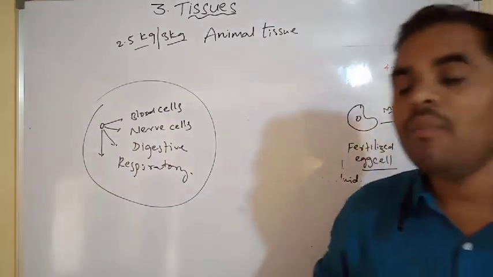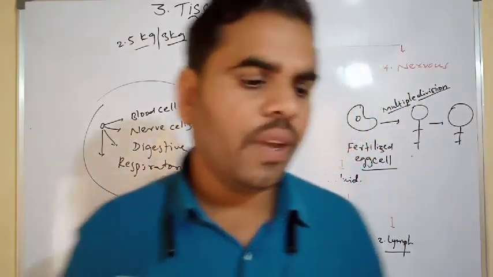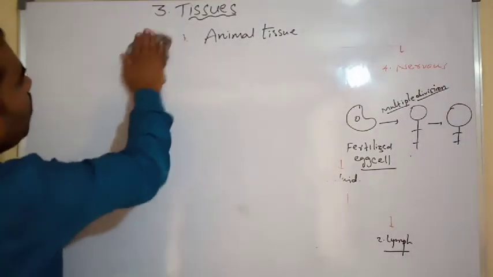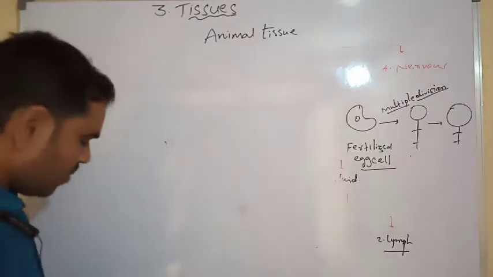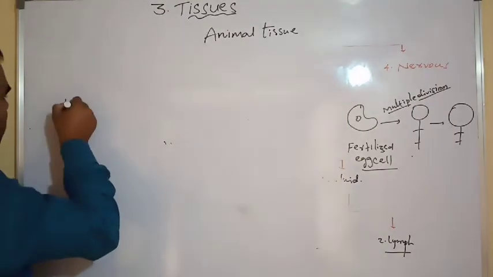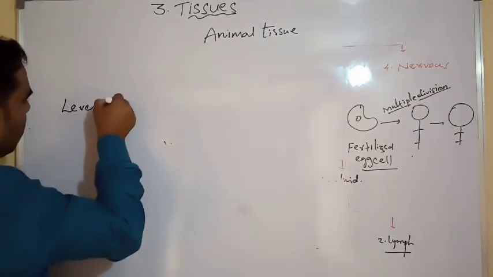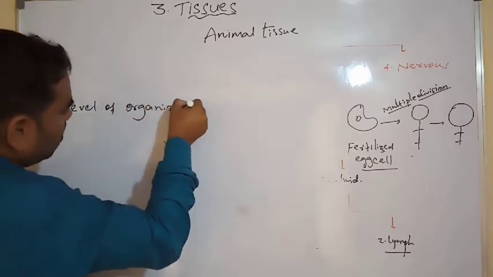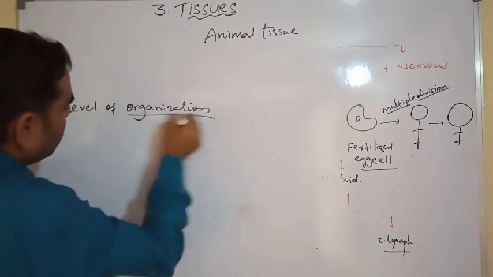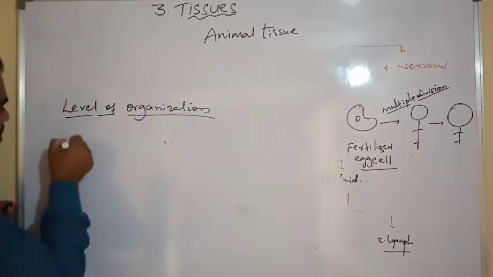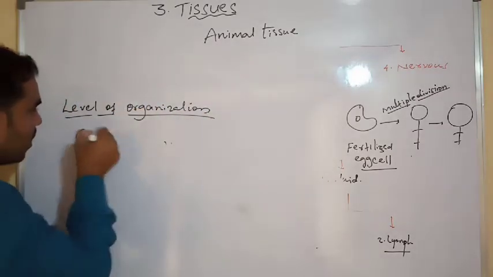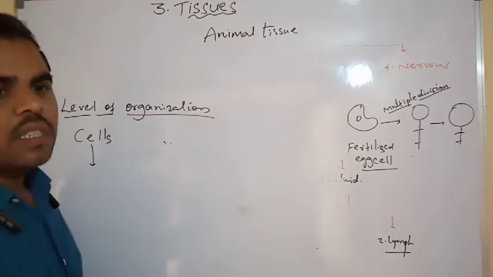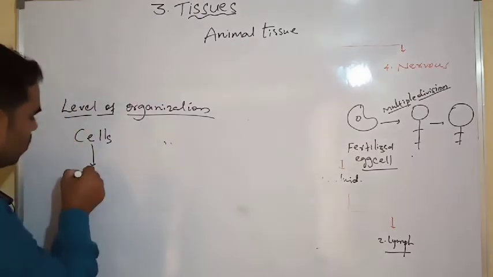Next, level of organization. We already learned the level of organization. What is level of organization? Cells together form tissues.